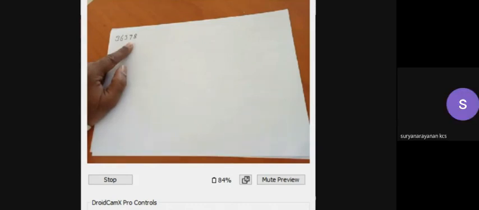Yes, Mahima? Ayush told this: 36,378 is not divisible by 10. Is that answer correct or wrong? It's correct, sir. Why is it not divisible by 10? Because in its ones place, it's not having 0.